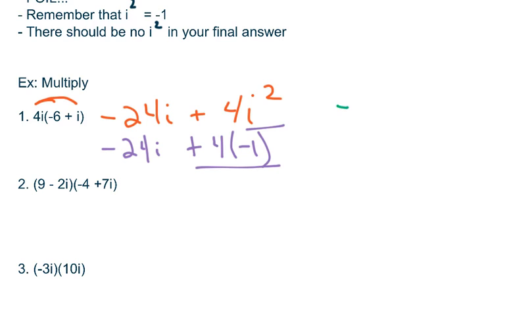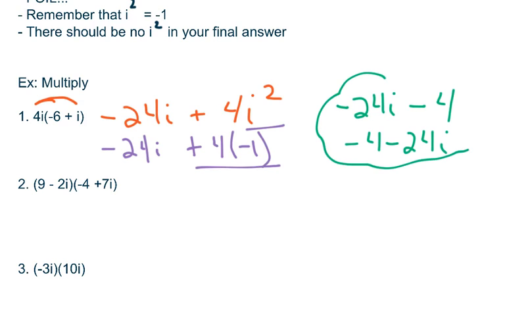So our answer here is going to be negative 24i minus 4. Or if you want to rewrite it so that the real number comes first, you can certainly do that, negative 4 minus 24i. Either one of these two would be correct for number 1.